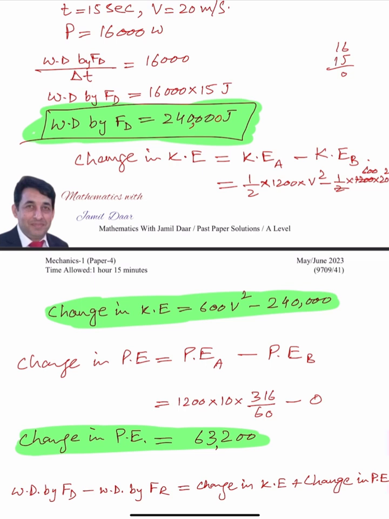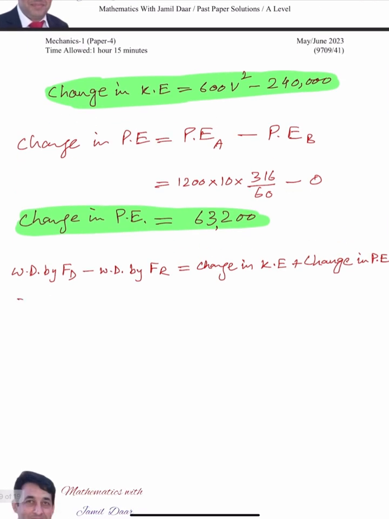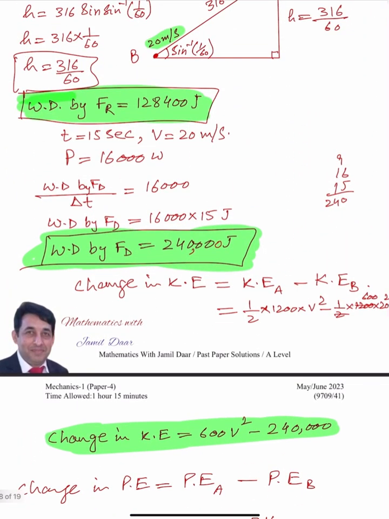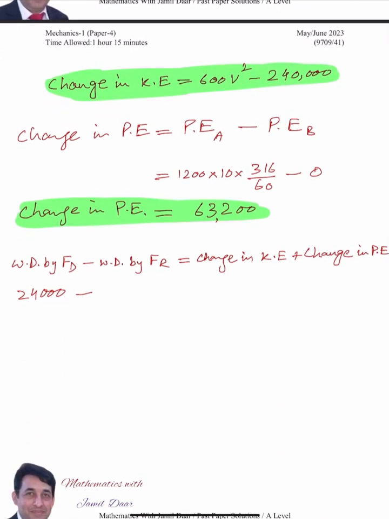Sorry, this is 15 seconds, so this is 240,000. Minus work done by the resistance force, that is given to be 128,400, is equal to 600 V square minus 240,000 and plus 63,200.